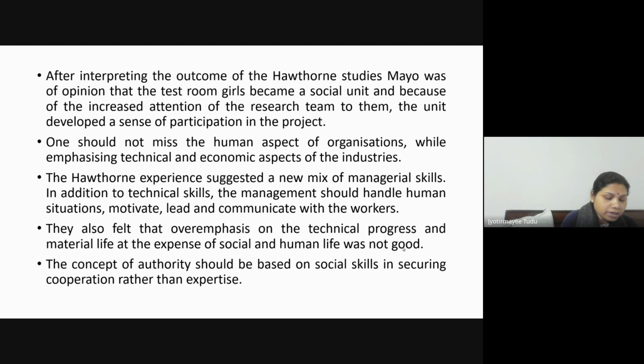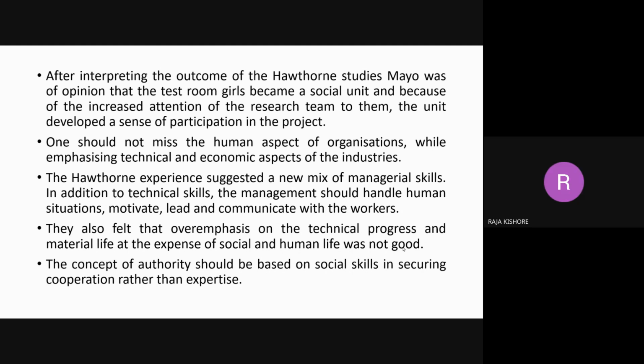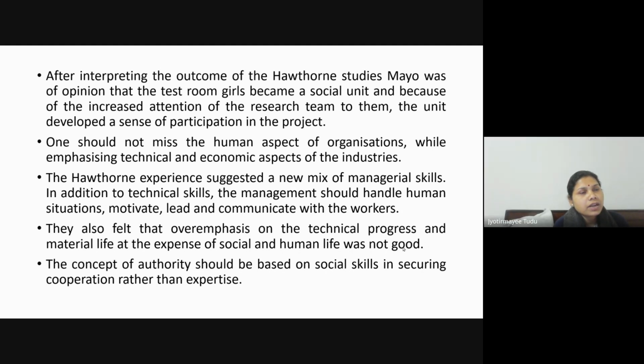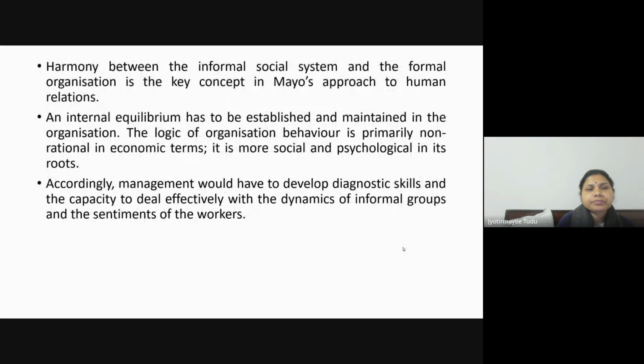Rather, the authorities who are likely to pose democratic behavior, accommodative behavior, are likely to secure more cooperation in comparison to those authorities who are exclusively maintaining the status of authority on a purely hierarchical basis. So these are some of the arguments by the human relations theory.